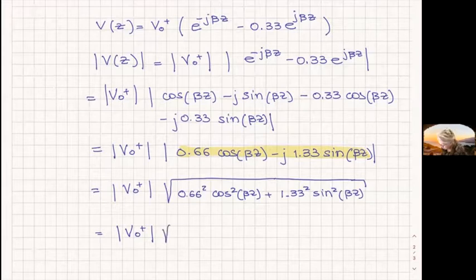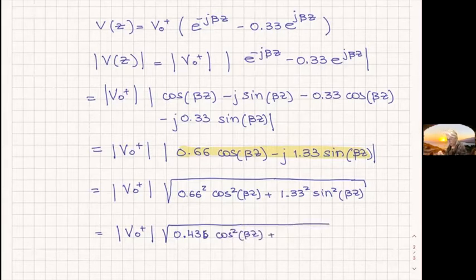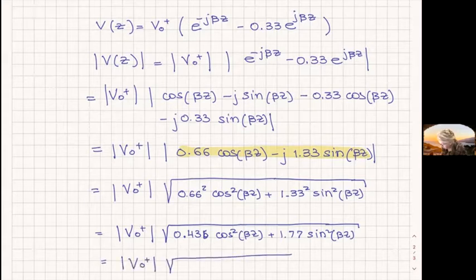So that is the square root of 0.436, say 0.36, cosine squared beta z plus 1.33 squared, which is 1.76 or 1.77 approximately, sine squared beta z, which in fact makes it V naught plus square root of 0.436.